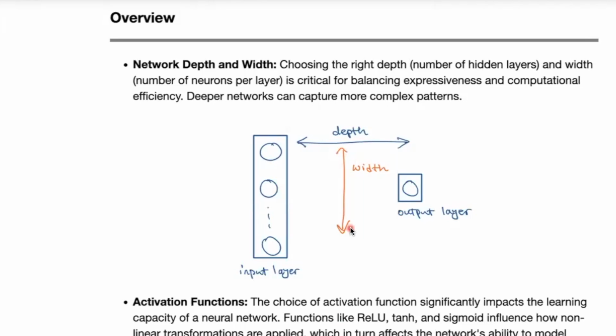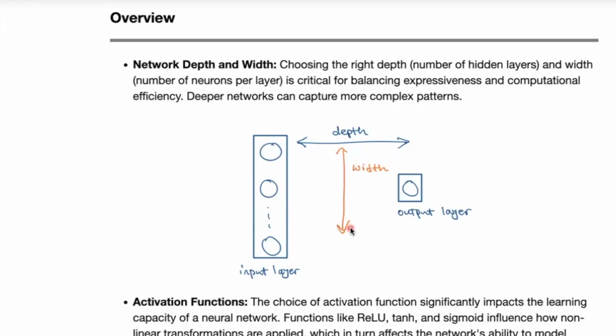Typically, when you increase the depth and width of a network, because you are using more nonlinearities through the data transformation, you expect to find networks that are more expressive, meaning that they are capable of extracting more complex patterns. However, in reality, what you want to do is to balance the expressiveness and computational efficiency with regards to the complexity of the data set that you have.